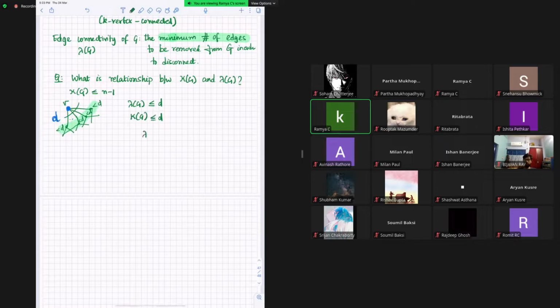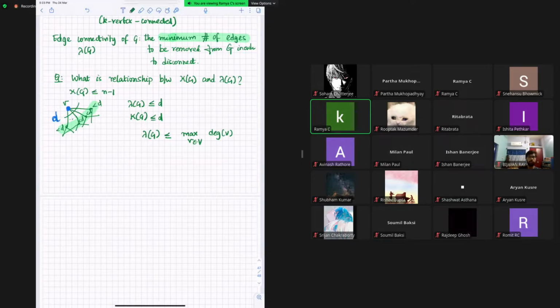So what we have is lambda of G is less than or equal to the maximum over all vertices of the degree. Similarly, kappa of G also is. So agreed, all of you on this? If there are any questions, you can ask.